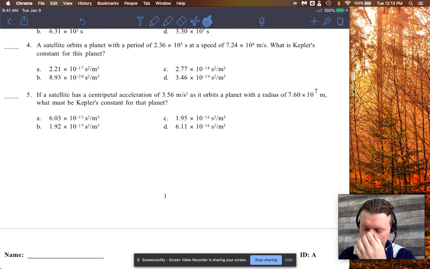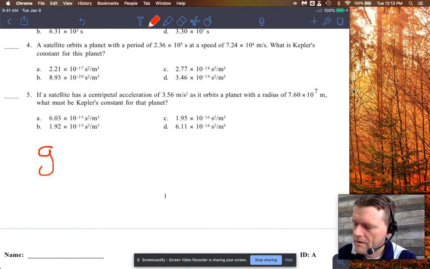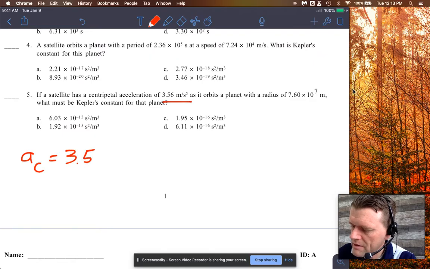So part of this, again, just follow the basic GRASP method and identify everything that you know. The first thing we know is that we have a satellite that has a centripetal acceleration of 3.56. So that is a_c.